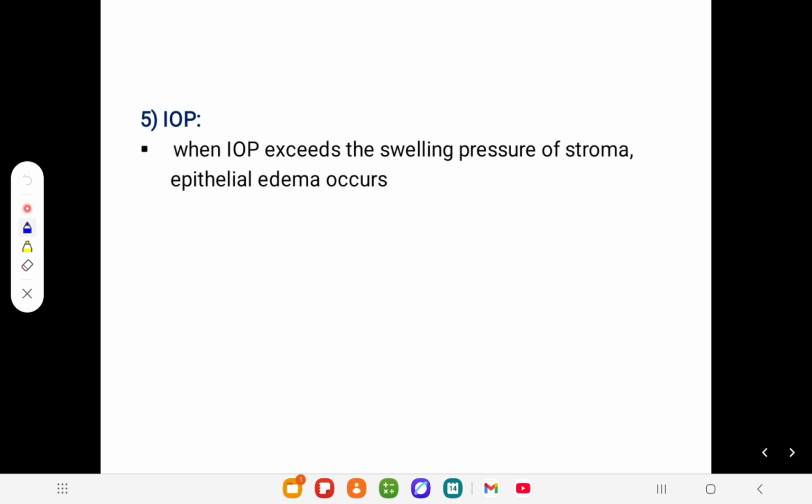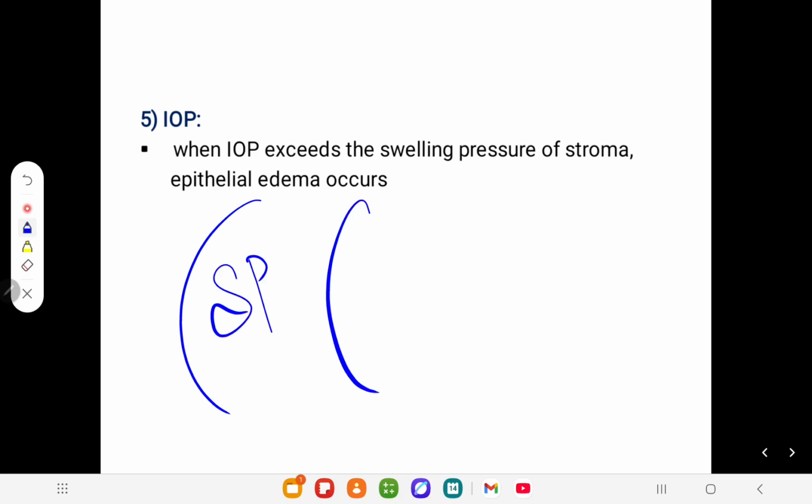What do you mean by that? Swelling pressure is here in the stroma due to the negative charge of glycosaminoglycans, which repel each other. That's why water is drawn into the cornea. But at the same time, endothelial cells remove water out, isn't it?